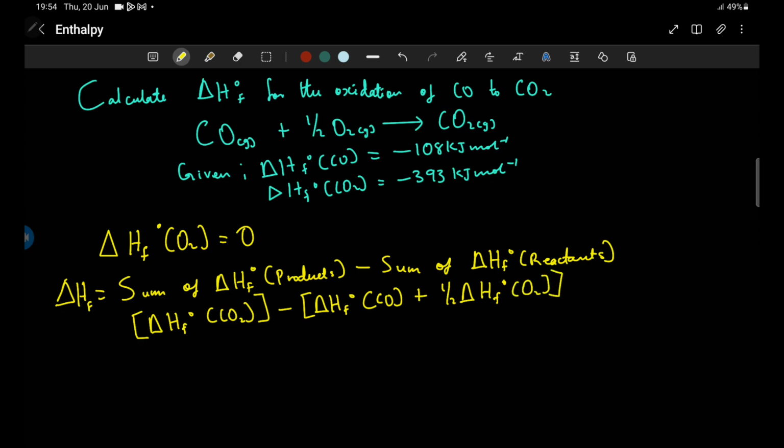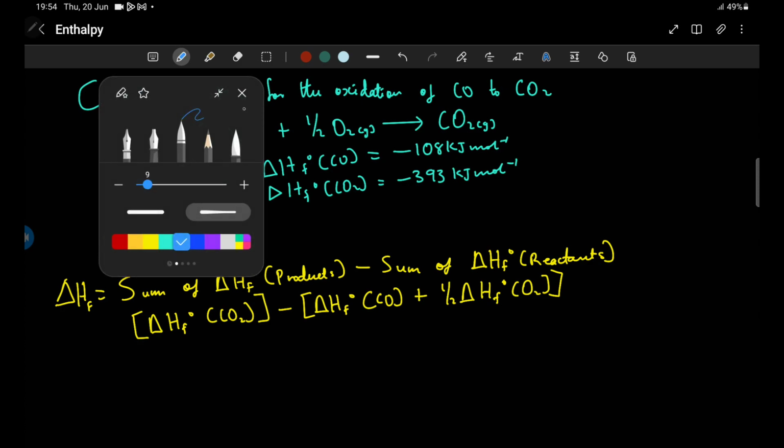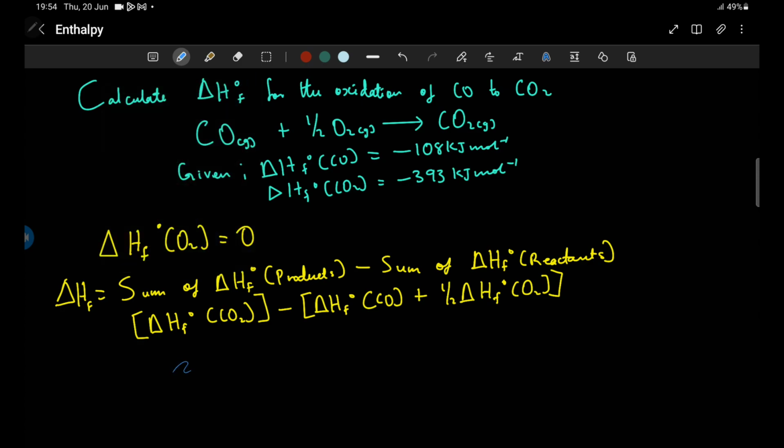Now we've added 1/2 there, half, which shows the number of moles we have. So you have to plug in the number of moles. That is very important for your calculations. So we plug in the numbers here.